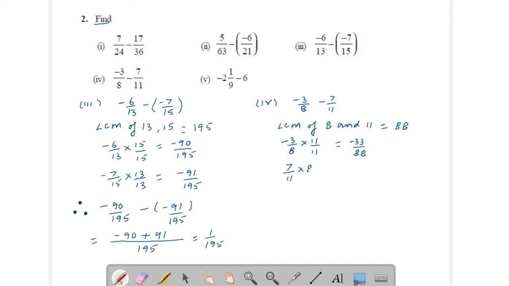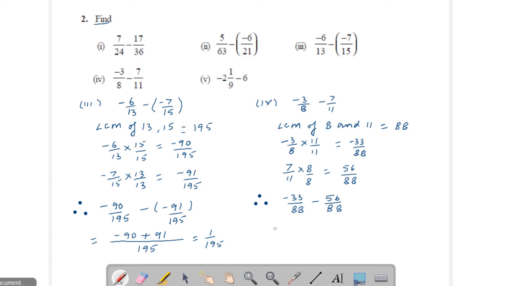Multiply by 8 both in numerator and denominator. You will get 56 upon 88. Therefore, minus 33 upon 88 minus 56 upon 88.